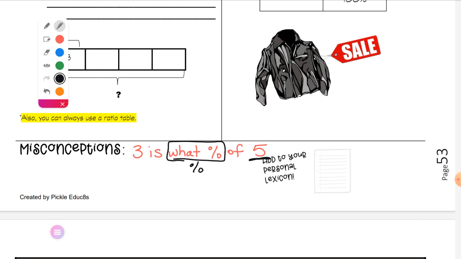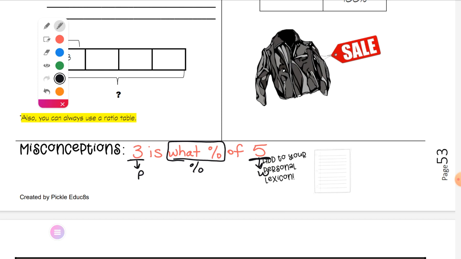Percent of whole, label that one a W, is, so 3 is my part. If we're trying to get a percent, where do percents come from? What kinds of numbers can we turn into percents? Haley? Ethan? Fractions or decimals.